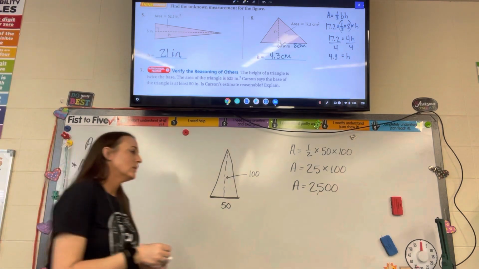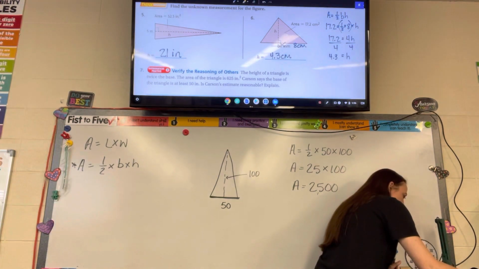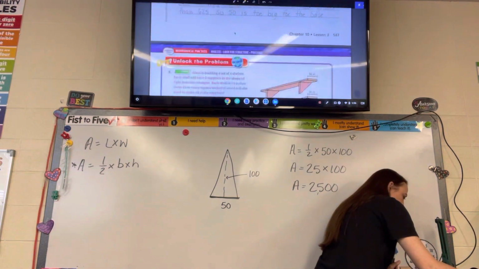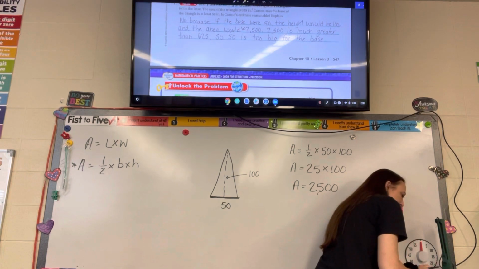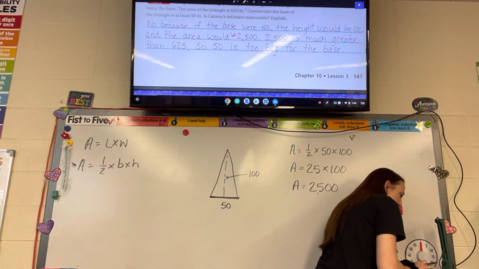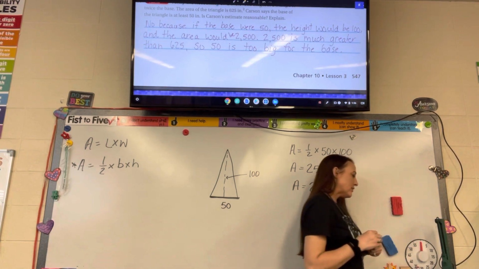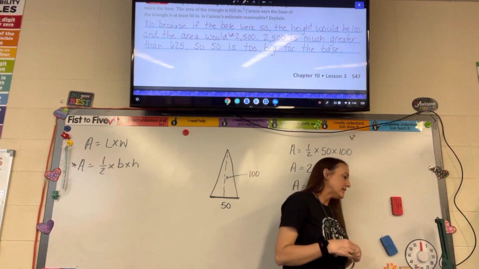Not really. No. So, his answer is not reasonable, and here's what you're going to write down. No, because if the base were 50, the height would be 100, and the area would be 2,500. 2,500 is much greater than 625, so 50 is too big for the base.